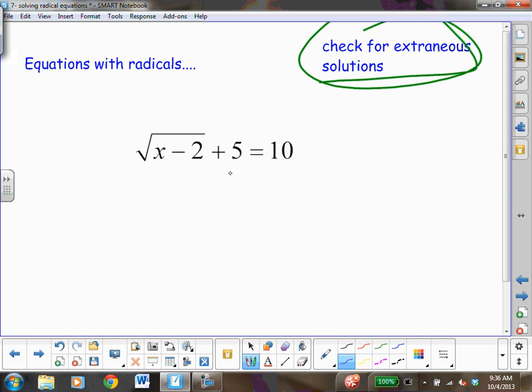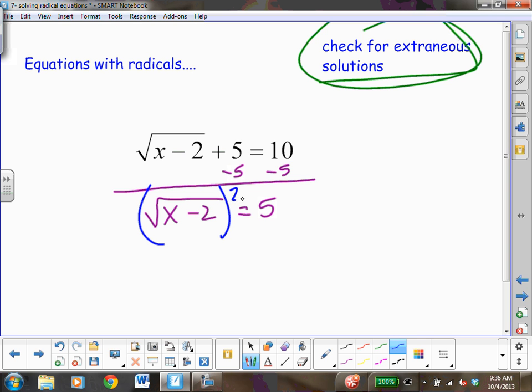In this case, I know I won't have any extraneous solutions because as I isolate the square root, I'm equal to a positive number. So I want to do the opposite of square rooting, which would be squaring. And I'll add 2 to both sides, so x equals 27.